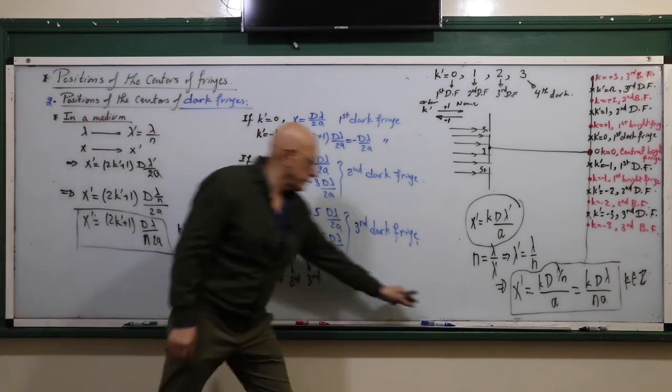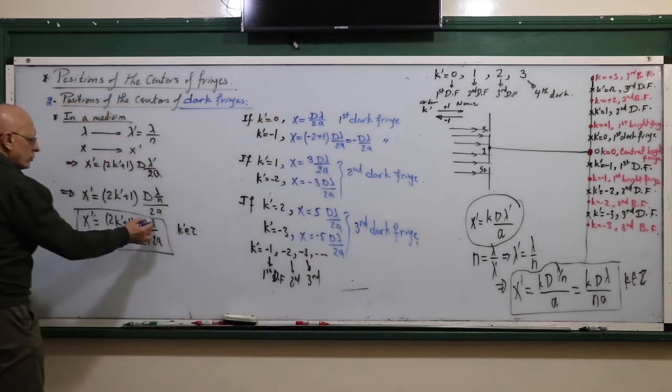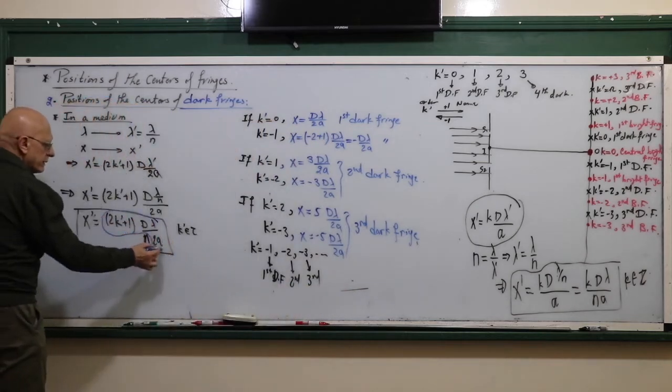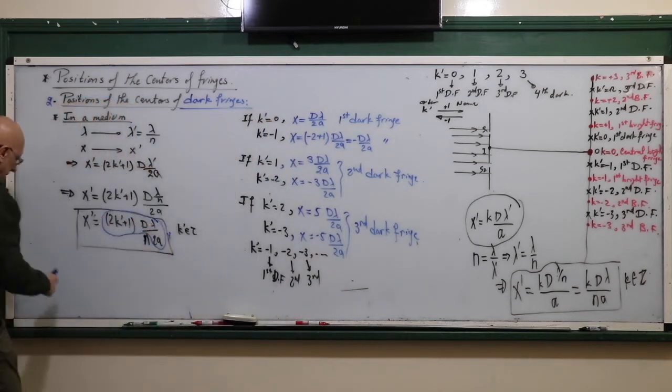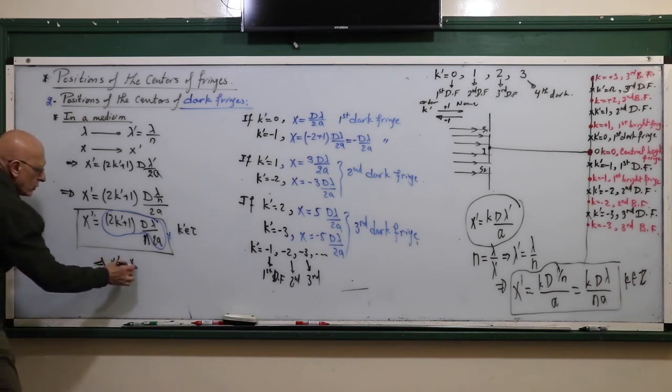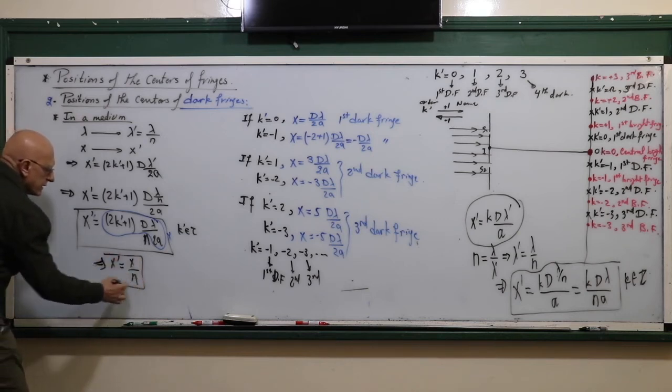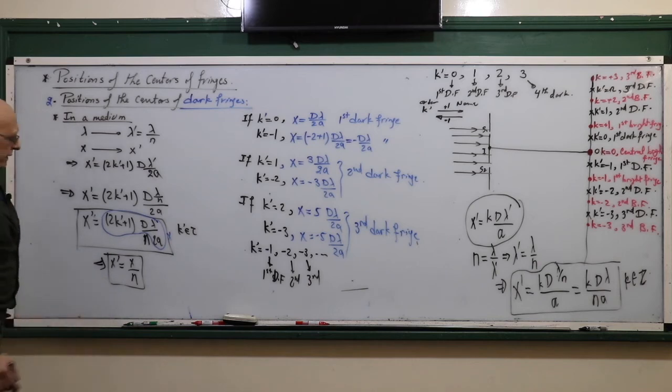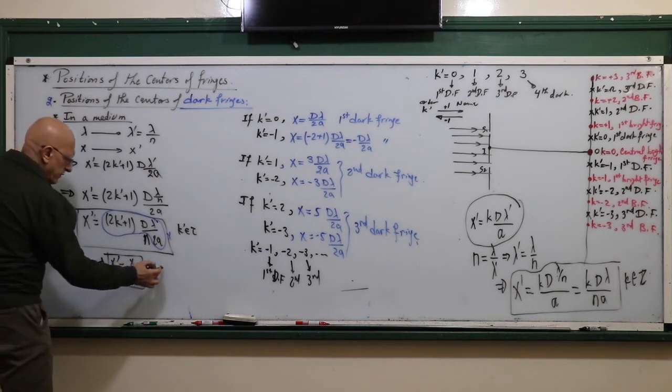So this is x in vacuum or in air. So you get x prime equals x over n, the same result as that of bright fringes.